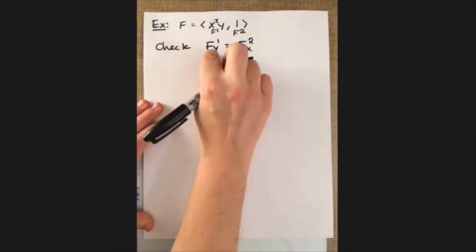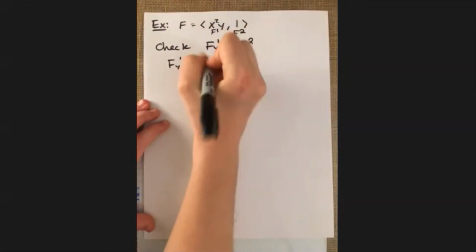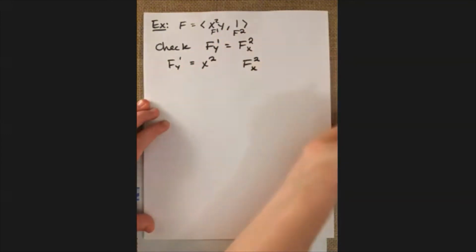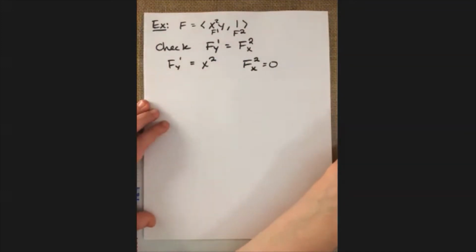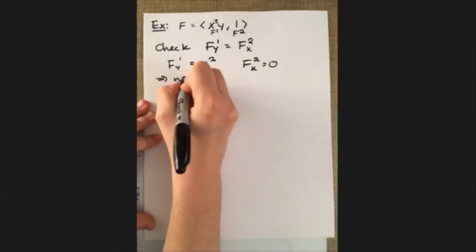So I'm going to compute f1 partial with respect to y, and looking at this right here, it's just going to be x squared. And if I compute f2 partial with respect to x, I'm going to get 0. Well, those aren't equal.